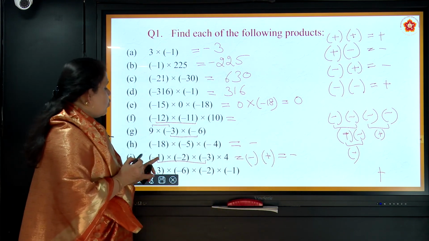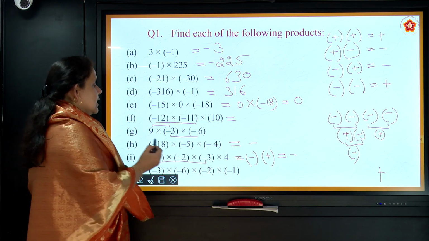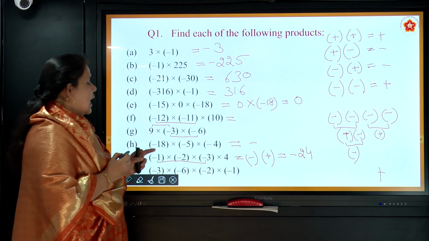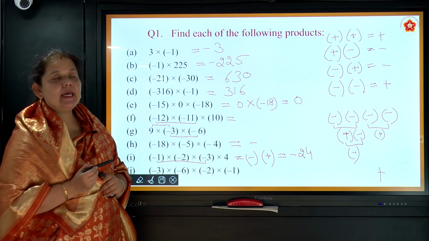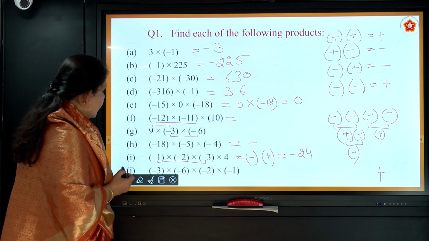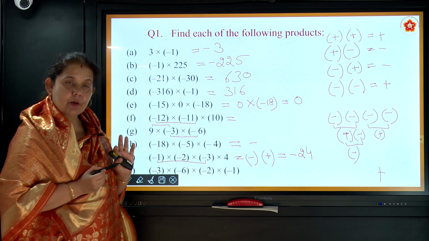Here just 1 into 2 into 3 into 4. So you see it is 24 and 3 are negative. So when we multiply three negative numbers, our answer is negative. In the last part, we have four negative numbers.